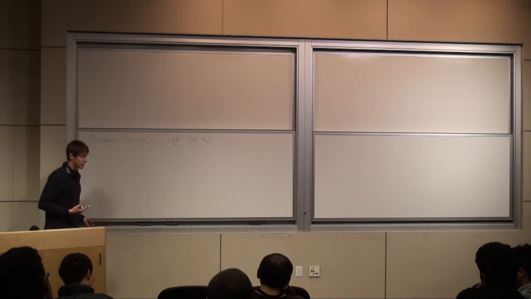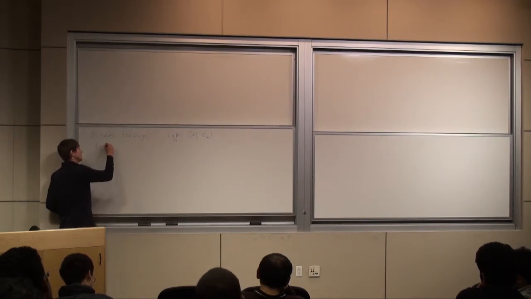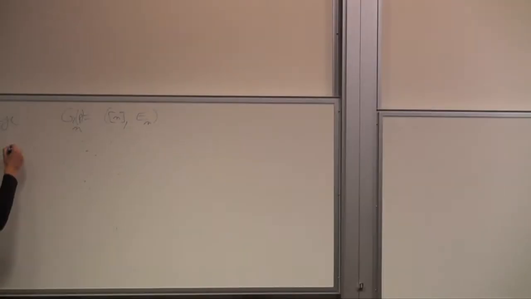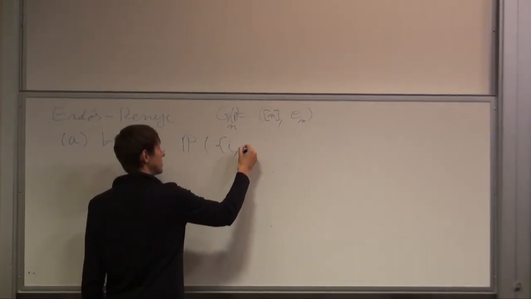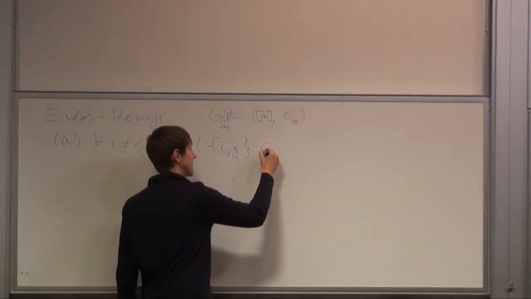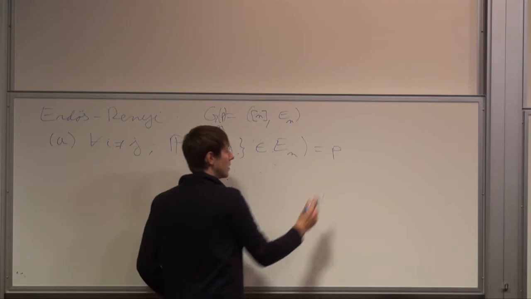So what does this random variable satisfy? For any i not equal to j, the probability that there is an edge between i and j, meaning that ij is an element of E_n, is p. So what does it mean?